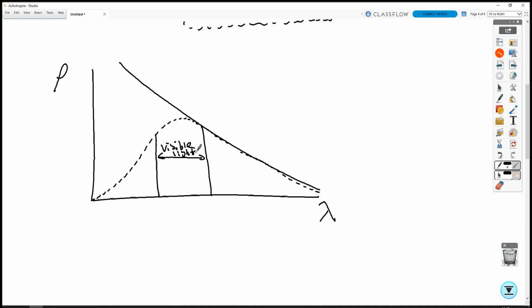The classical model suggested that very, very low wavelengths, that ultraviolet, X-ray, gamma ray, should be emitted more than the visible light. It suggested that the lower wavelengths should be emitted a lot more when actually, when we looked at it experimentally, we realized that those lower wavelengths were not being emitted, or very little of them were being emitted.